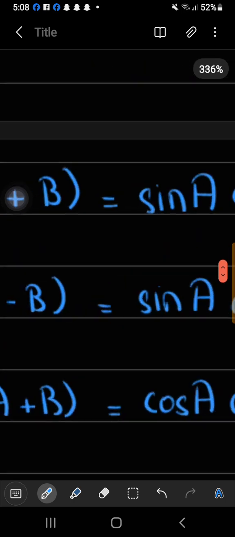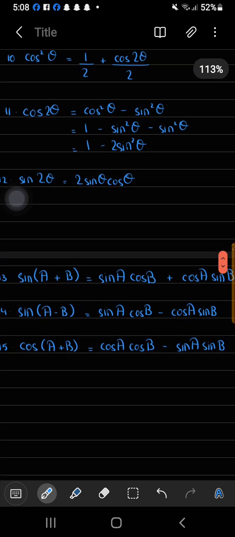With the plus there will be minus, and if the cos is there, the cos is the leading term and the sin is getting subtracted from that.